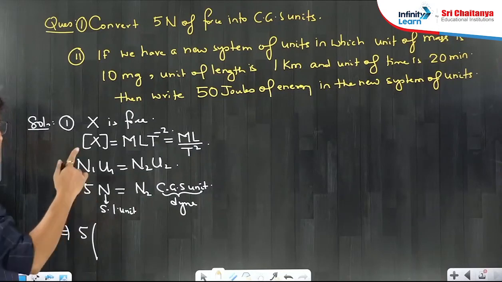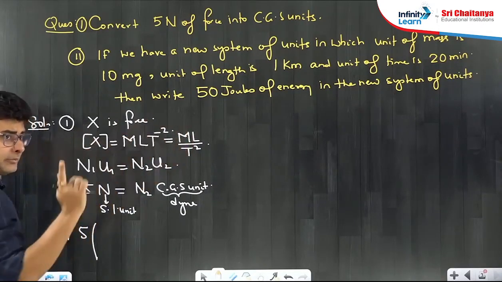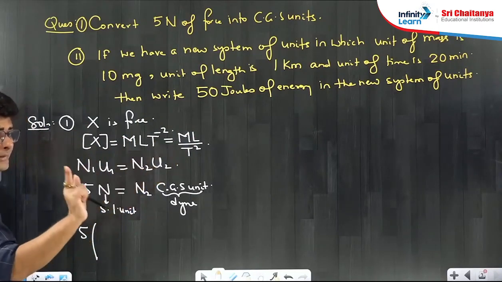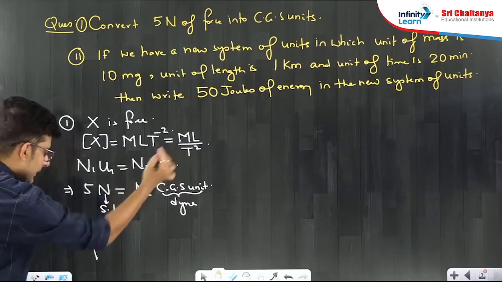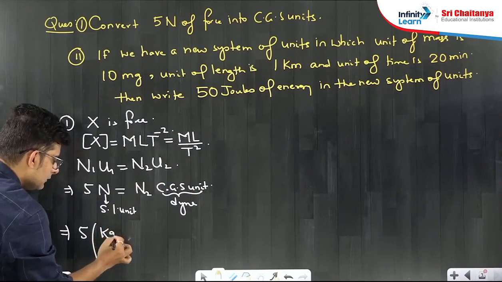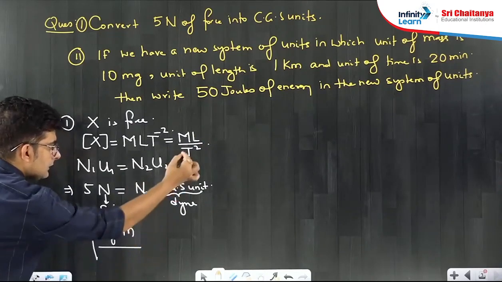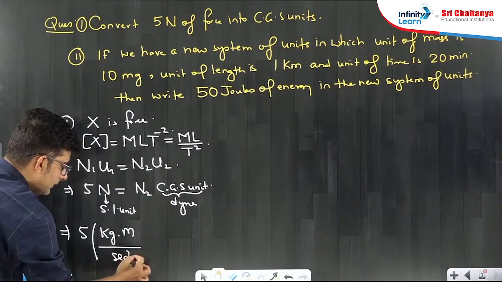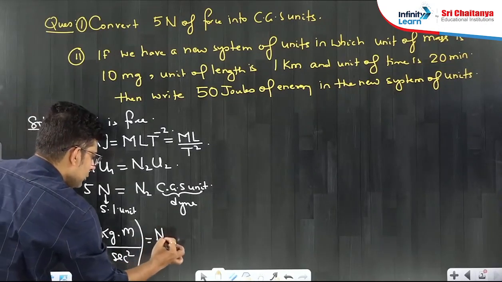Reply fast. SI unit of mass is kg. SI unit of length is meter. SI unit of time is second. So in place of Newton you write kg, meter, second square. This you write here for n2.